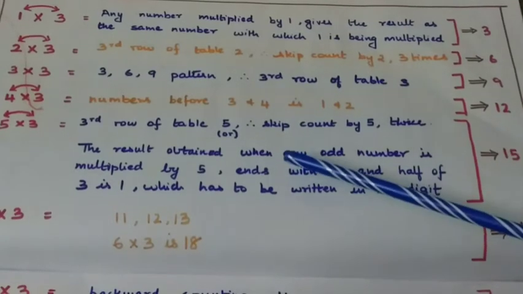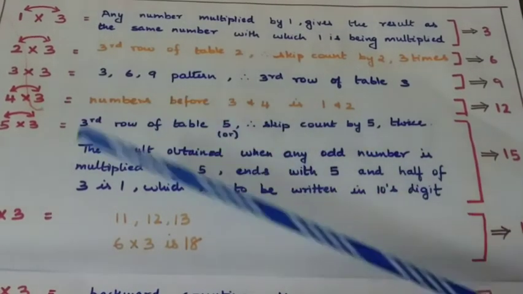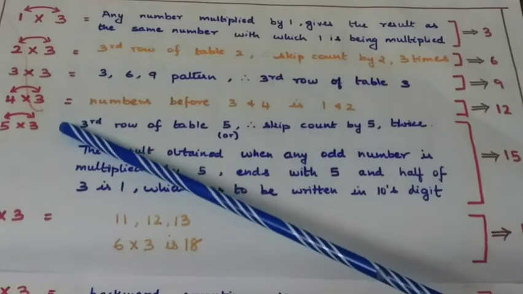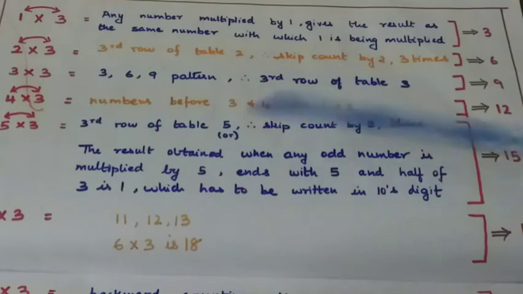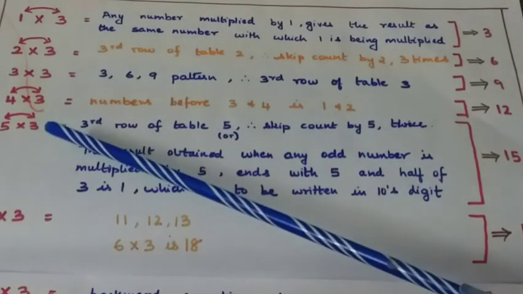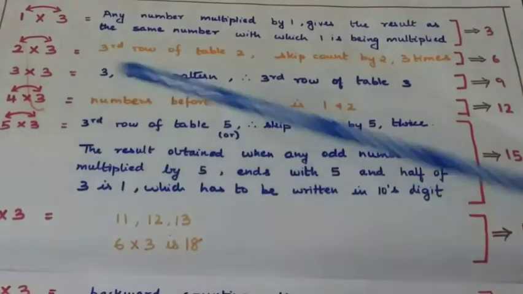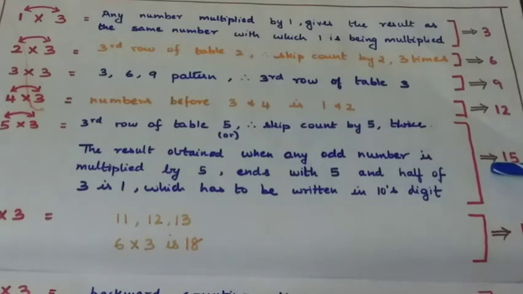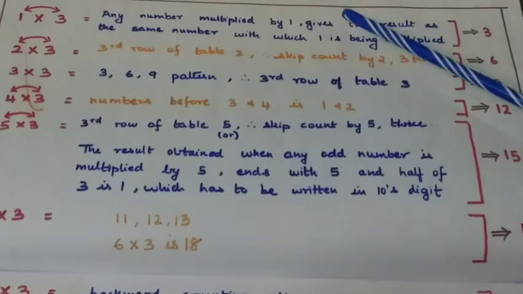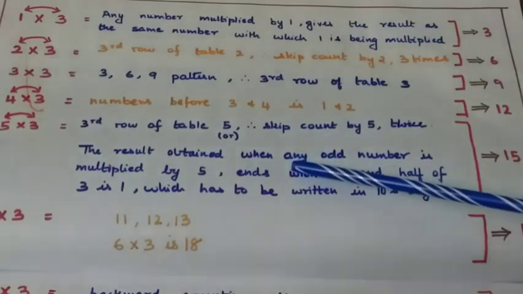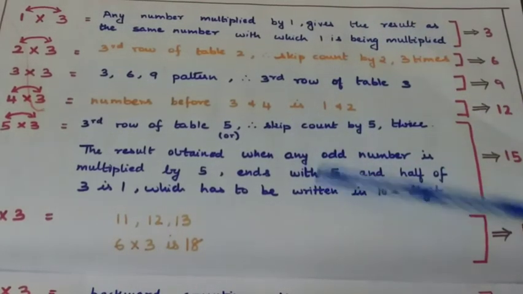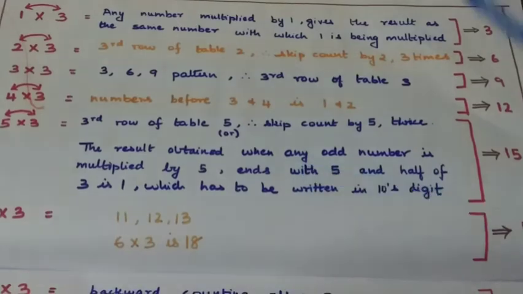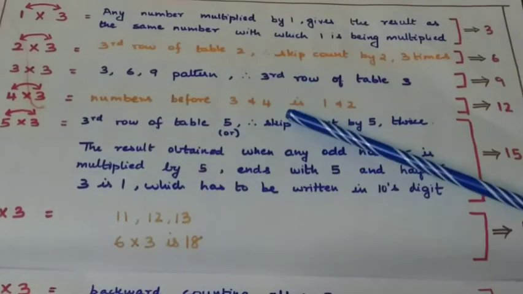Or you can also use this trick where 5 when being multiplied by an odd number will give a result ending in 5, and the tens digit will be half of the number with which 5 is being multiplied. So half of 3 is 1, so the result is 15. So by using these simple tricks without even memorizing, we get to know the results of the first 5 rows of table 3. So the next half is also going to be as simple as this.